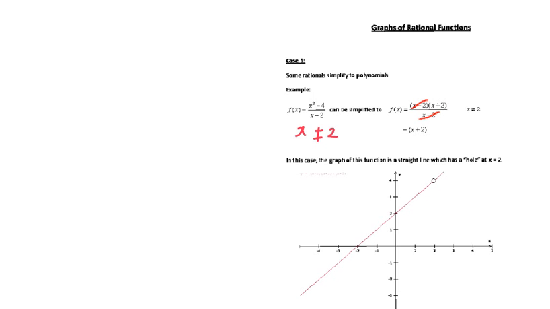However, if we go ahead and simplify it, this is a difference of squares, so the numerator is going to be x minus 2 times x plus 2, and the x minus 2 and the x minus 2 will cancel out, and we're going to end up with x plus 2. Now what is this function? We know right away that that is a line.